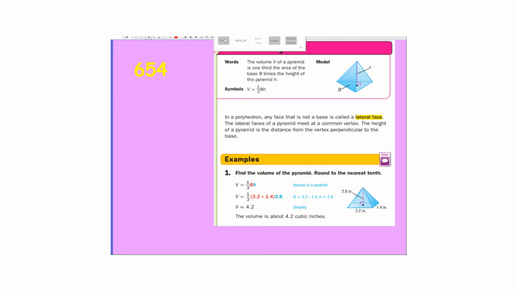So here on 654, you see the volume is 1/3 of the area of the base, capital B, times the height of the pyramid. That's the center of the pyramid. So I'm going to go back to that last question.